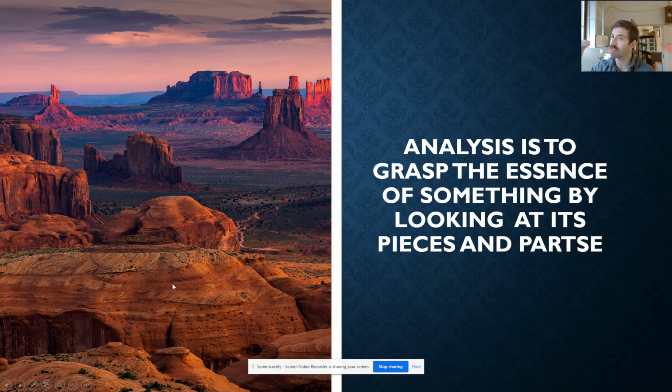You can see all these individual layers of dirt and dust and rock, and together they add up to make these beautiful natural formations. Same thing is happening in your own lives. Same thing is happening in music and in literature, where the sum of the parts of something that we love is usually greater than what they would be individually. All right, good luck, folks.